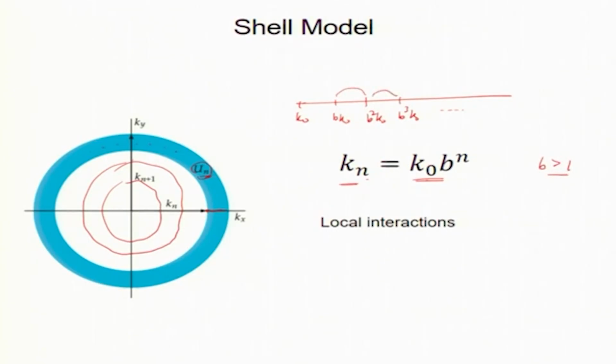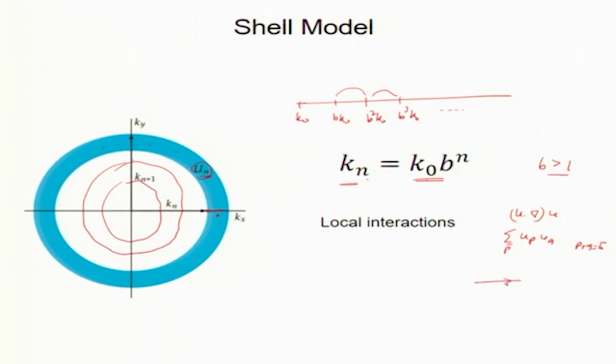Okay, so this is called the shell model, and we will also make another assumption. We had the interaction, right, u dot grad u, that had interaction of p and q with p plus q equal to k. So any p can interact with k.